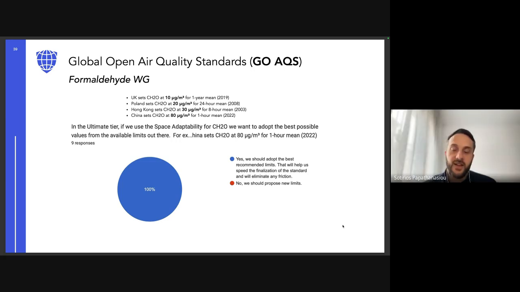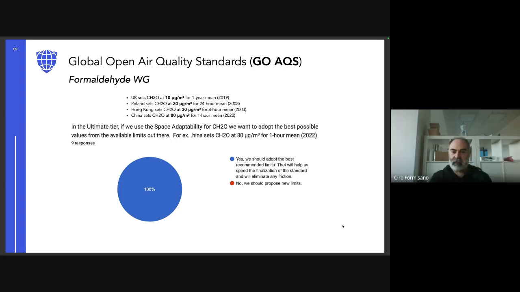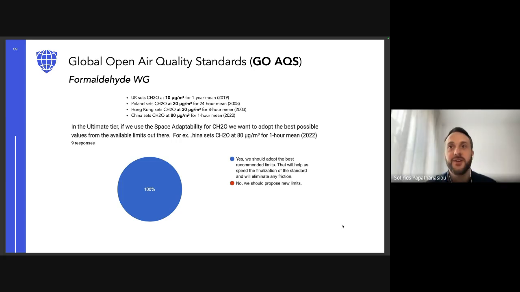Yeah, as we have already mentioned, I don't think GoAQS is the right standard to help the occupational space. With those standards, they have governments, they have specific bodies for that, and we wouldn't like to jump into that category at the moment.